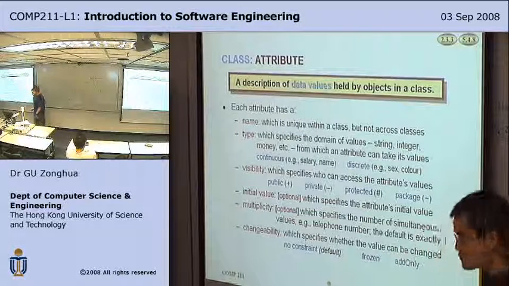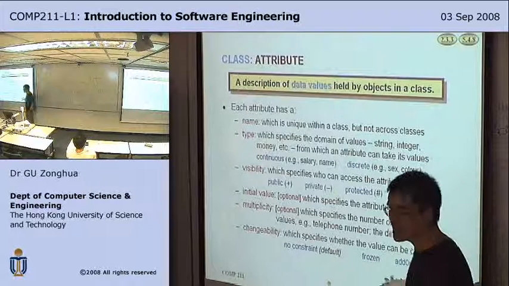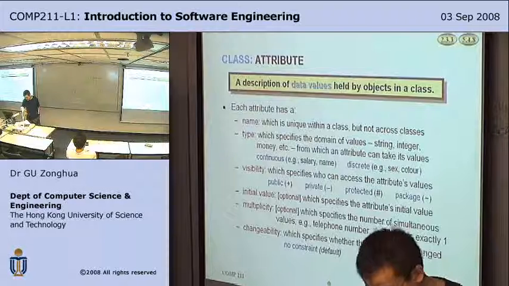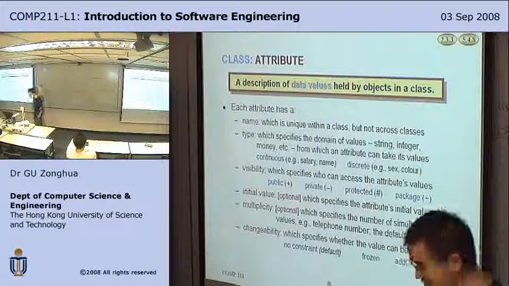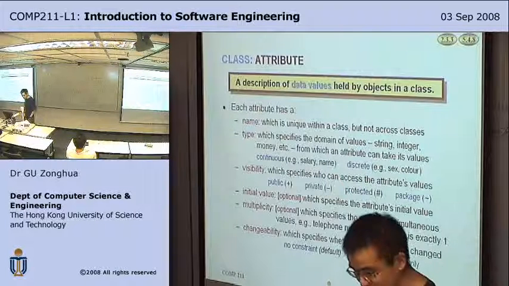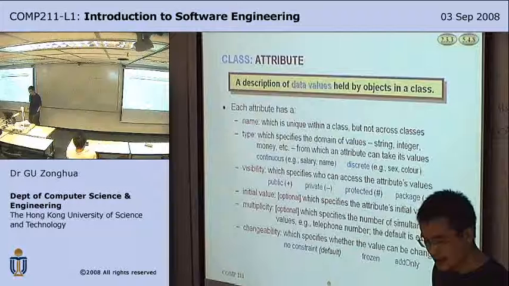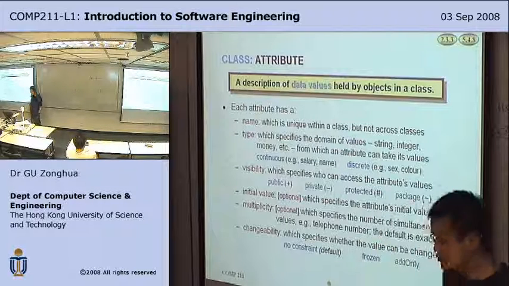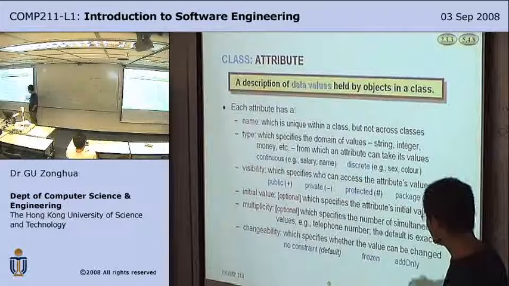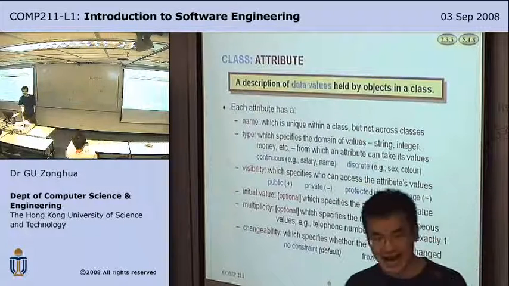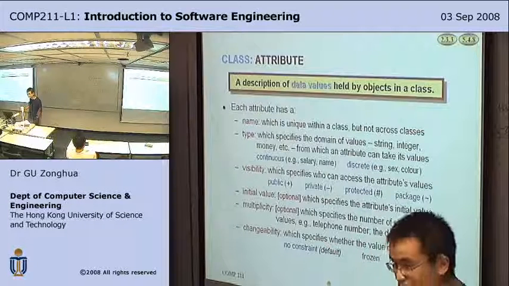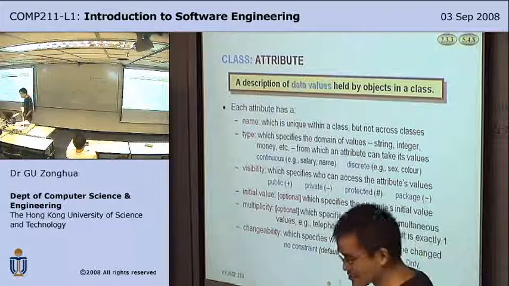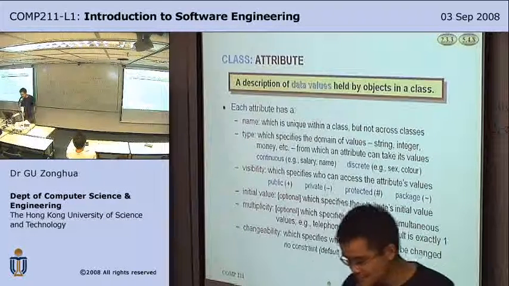For example, for a person class, the birth date should be frozen. Add only, that is, additional values may be added to a set of values. So, for example, you may have a phone number attribute. You may specify it as add only, that is, you can add more phone numbers to this attribute.